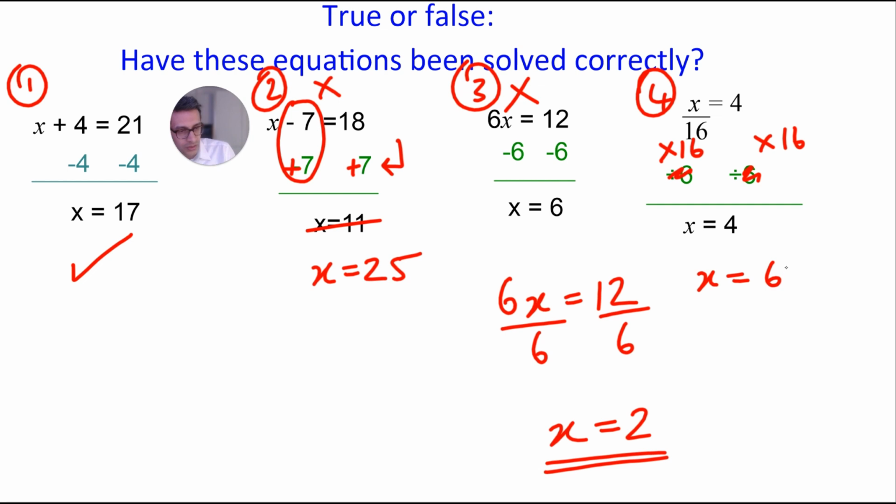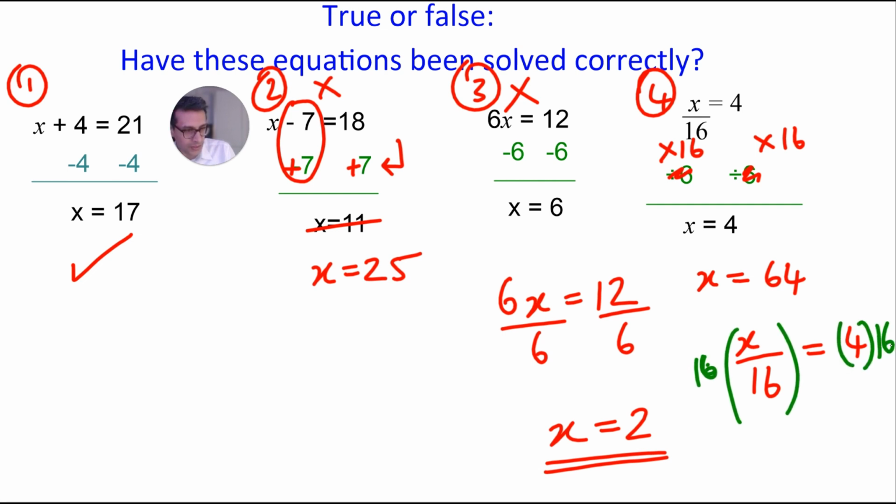The other way to write that is like this, x over 16 equals 4, and then you're going to use brackets. So we're going to multiply all of that side by 16. So that gives you x equals 64. Again, we'll look at that notation later in the video.